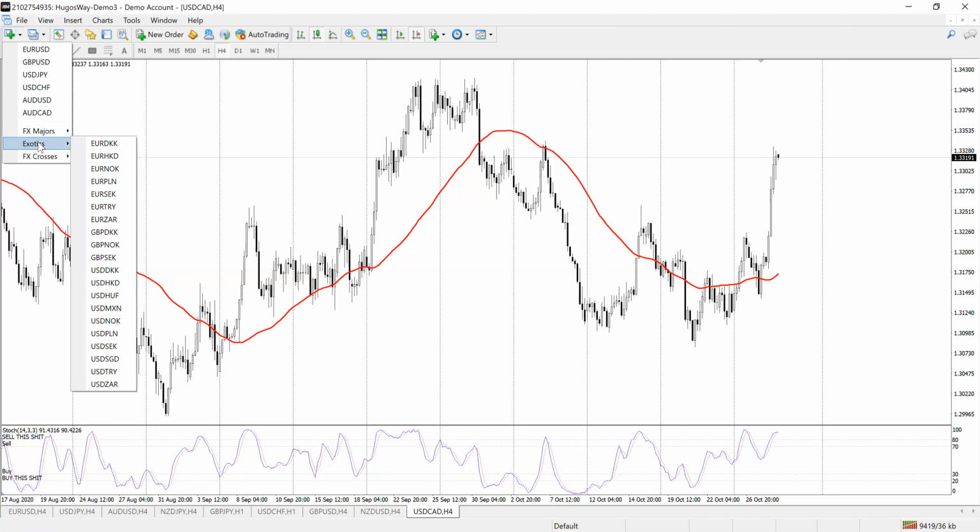And then we've got our exotic pairs right here, where the US dollar, the Mexican peso, the South African rand, or whatever you want, is all here that you can trade. All countries' currencies, you can literally trade in this foreign exchange market at your fingertips.